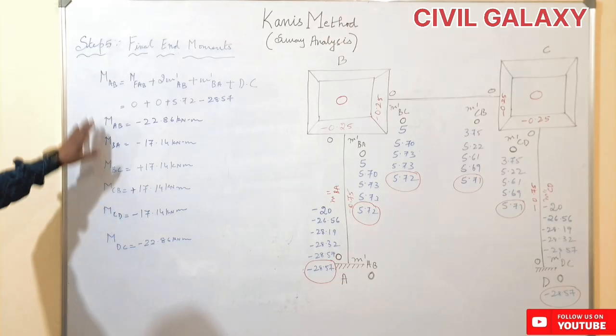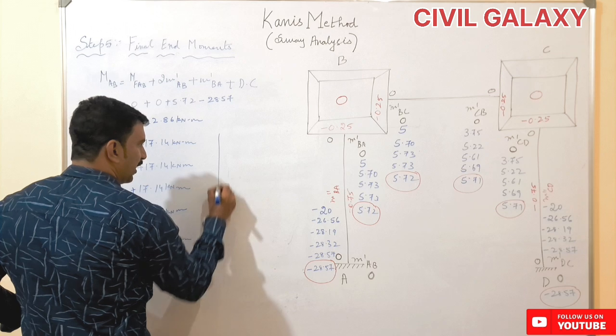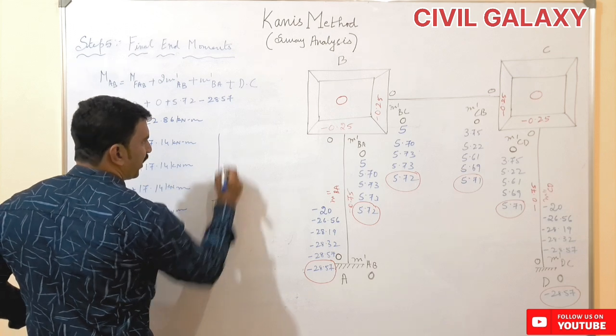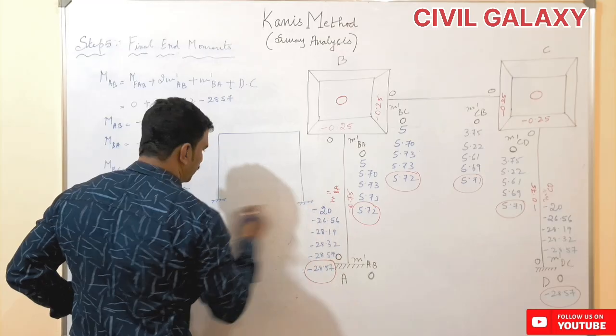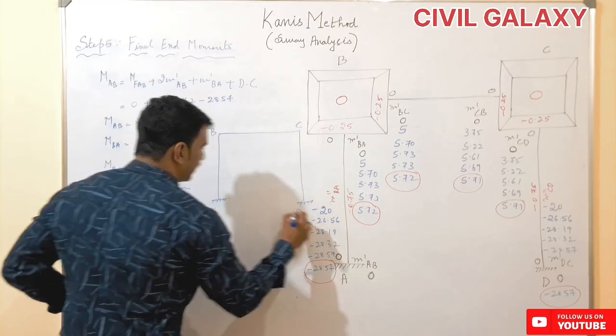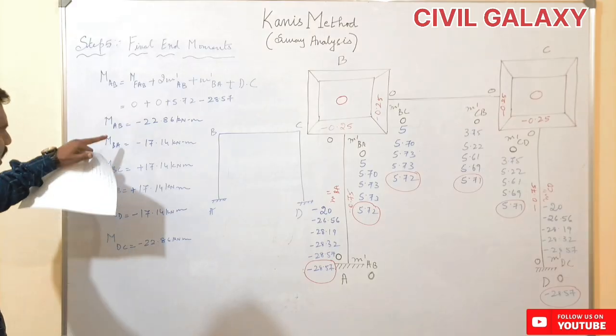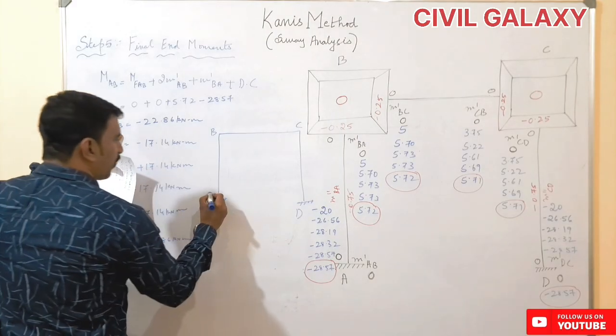So now if you want to represent this in the frame, whatever we had considered earlier, see here, this is the frame we had considered. The same values: this is A, this is B, this is C, this is D. If we want to represent this moment A to B, it is in the anti-clockwise direction.